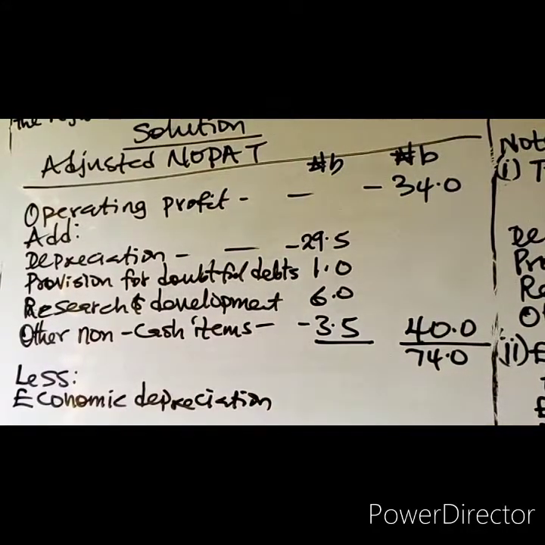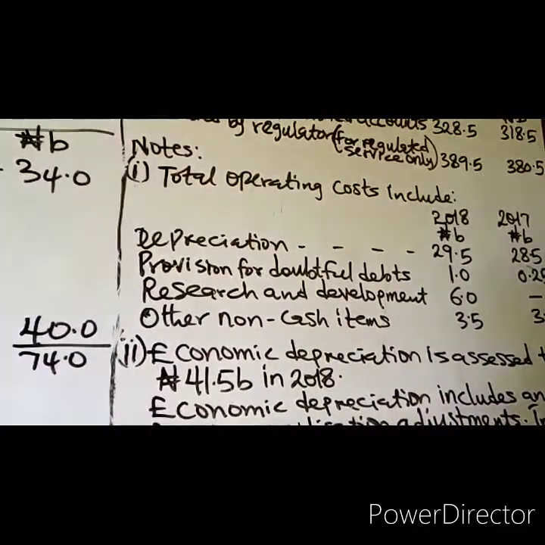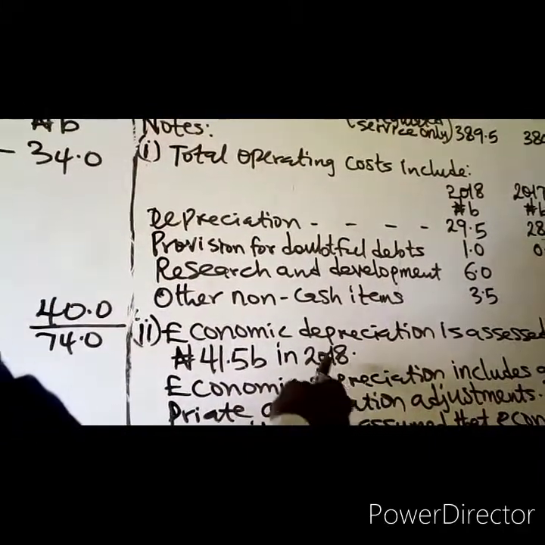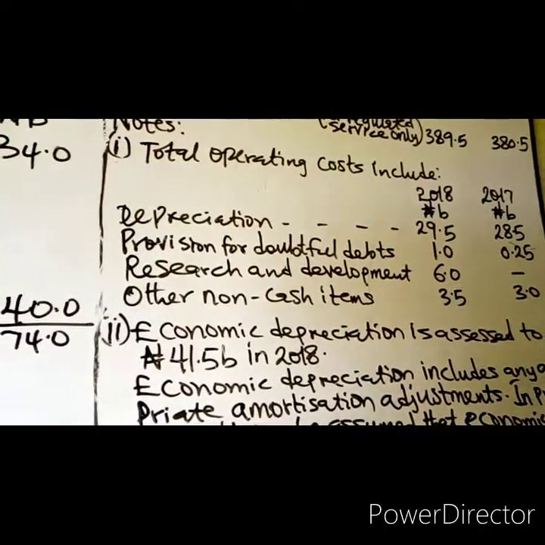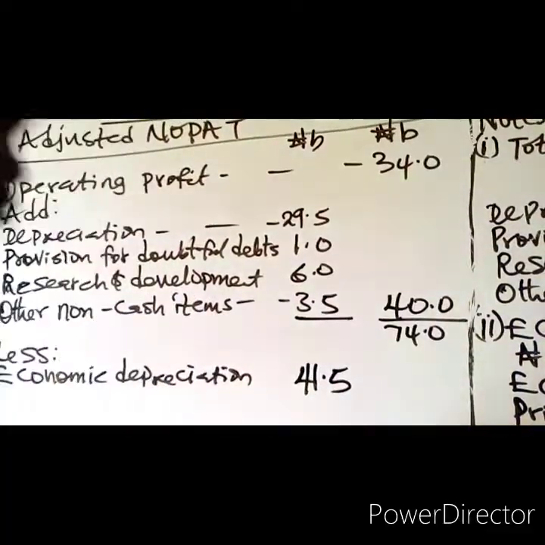So now the economic depreciation is assessed to be 41.5 billion. So you have economic depreciation of 41.5 billion.